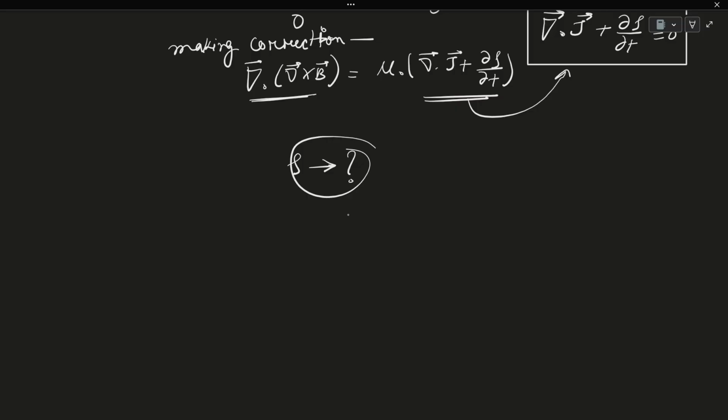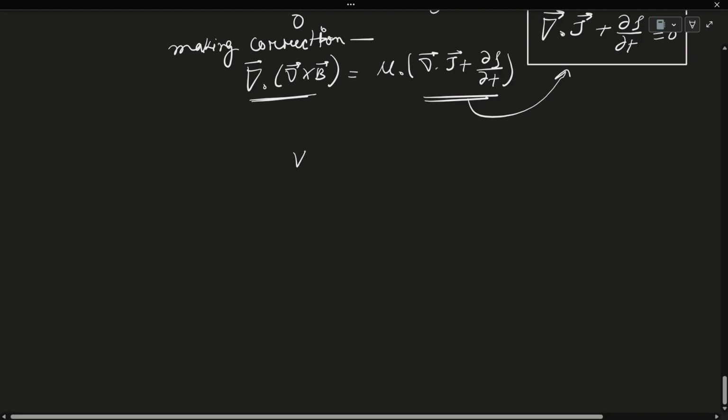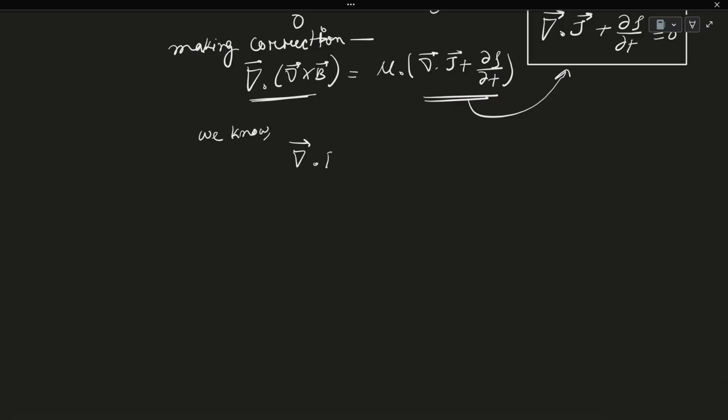We all know del dot E equals rho by epsilon.